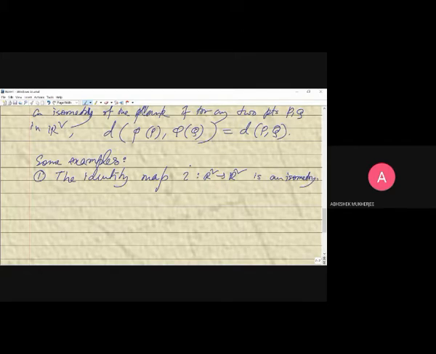Number two, reflection about x-axis. What is that? Reflection about x-axis.